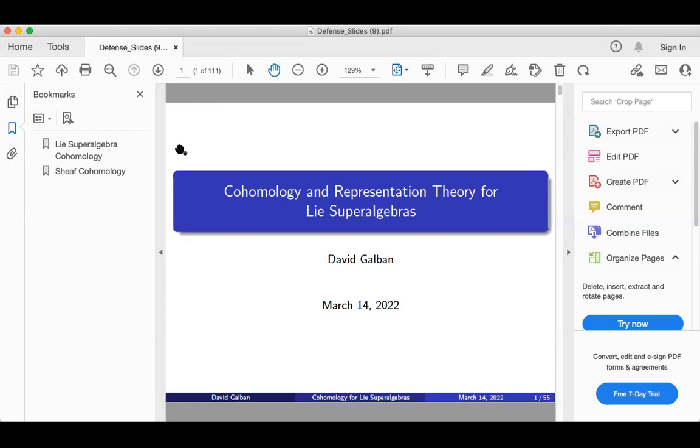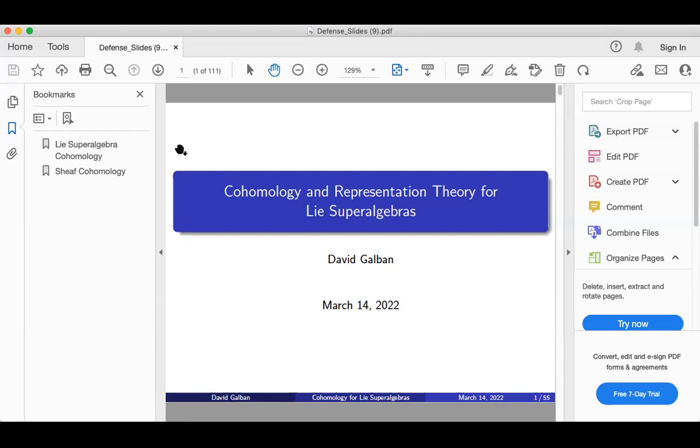The first is essentially material that I covered in the algebra seminar last year. It's going to be on just Lie superalgebra cohomology itself, looking at the cohomology of essentially an analog to the nilpotent radical for Lie superalgebras.